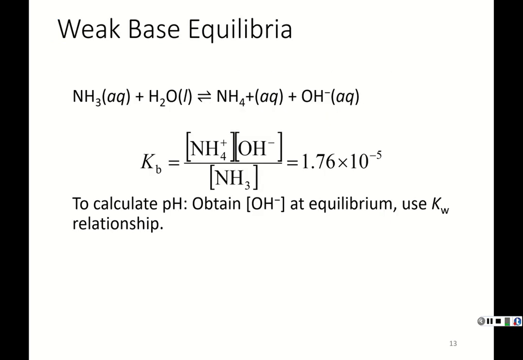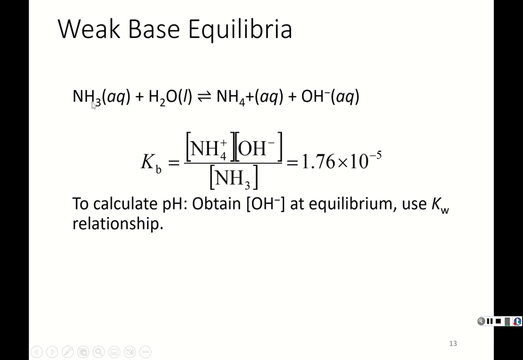We can also discuss the equilibria in terms of bases, and you can use this Kw expression to help with that. We've discussed the weak acid equilibrium. A weak base equilibrium would be shown here.